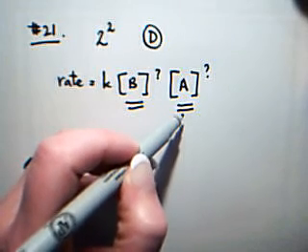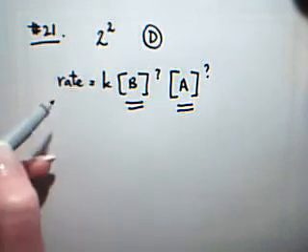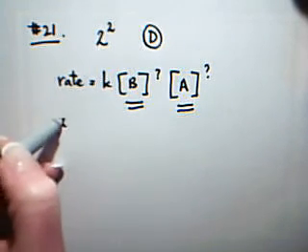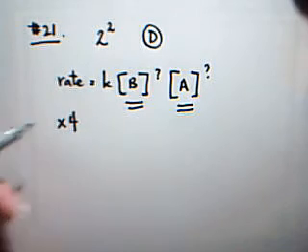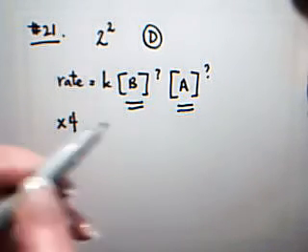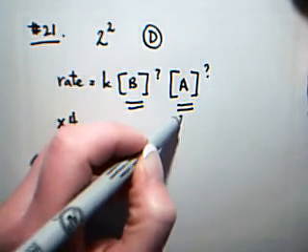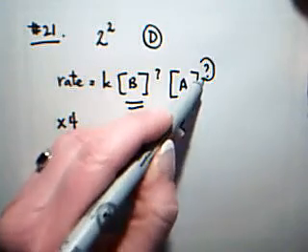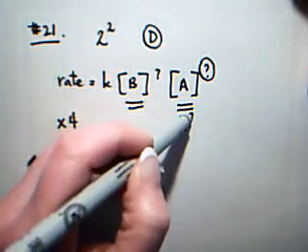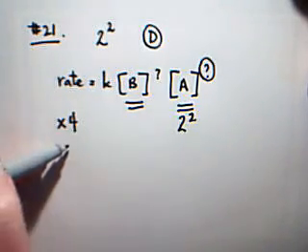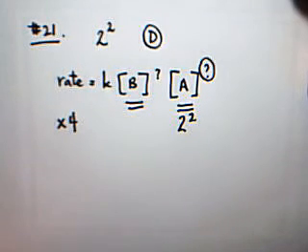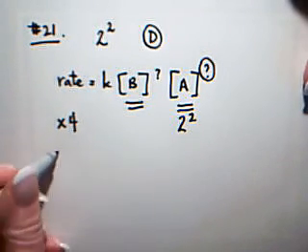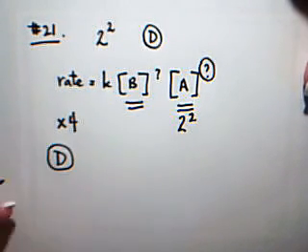So it doubled A, but it got 4 times the rate. But all it did was double A. So then I know what the question mark is. It must be 2 squared to give me 4, and therefore the reaction must be second order in A. And that answer is D for 21.